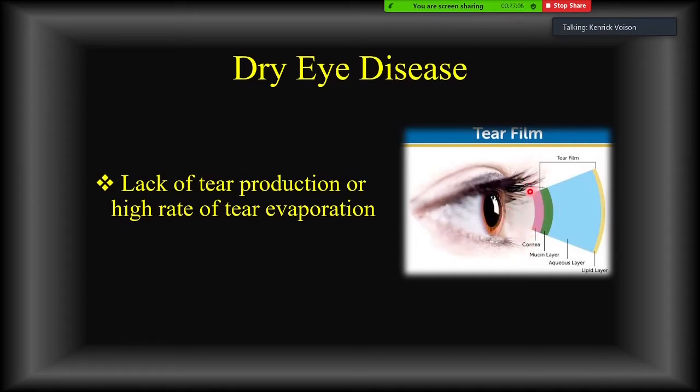The cornea has a layer of fluid on top of it. So we have an oily layer or a lipid layer on top. Then we have a watery layer or aqueous layer. Then we have a mucin or mucus layer.